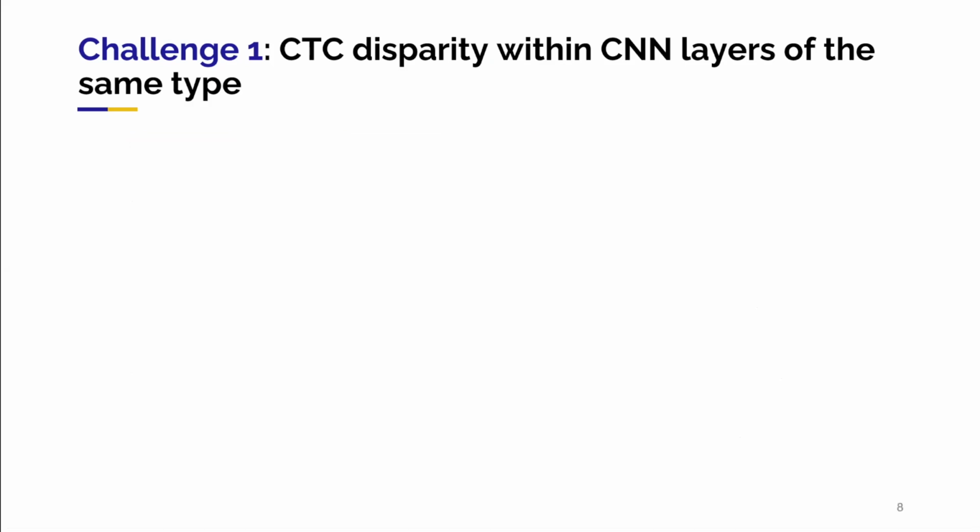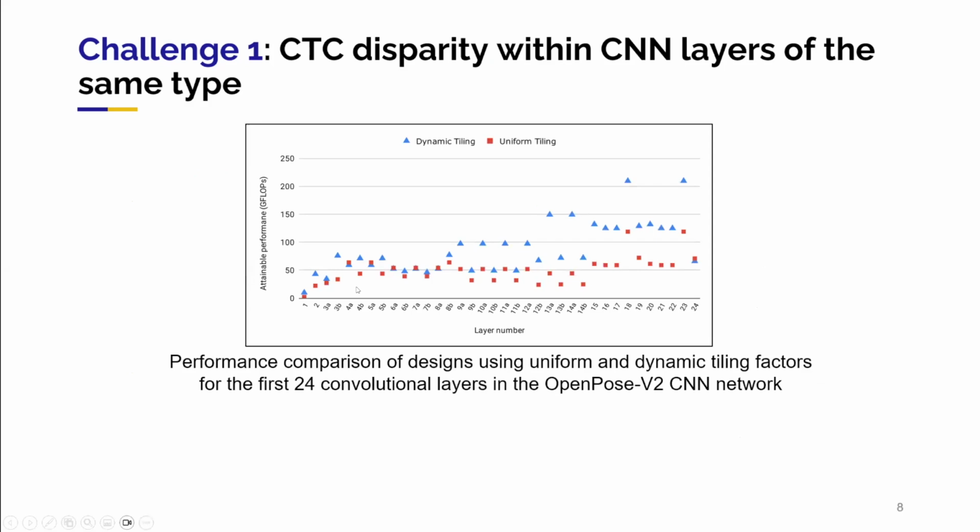We show that, for example, for this CNN called OpenPose for pose estimation, for the first 24 layers, we compare the attainable performance between a uniform tiling factor for all the layers and this dynamic tiling, which is customized for each layer. These are the blue dots here, and the uniform tiling is the red dots.